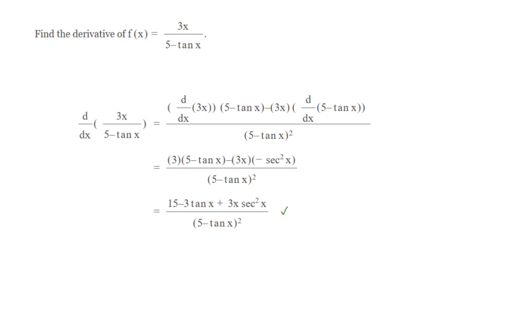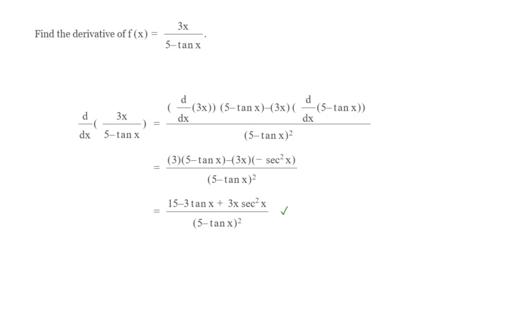So d by dx of 3x whole divided by 5 minus tan x is equal to d by dx of 3x into 5 minus tan x minus 3x into d by dx of 5 minus tan x. So we get it as 3 into 5 minus tan x minus 3x into minus sec square x whole divided by 5 minus tan x the whole square.